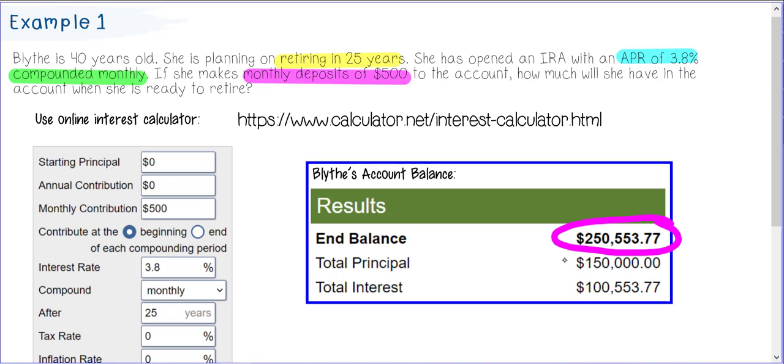Her total principal that she invested, which you could really say is 25 years times 12 payments a year times $500, is how they got the total principal of $150,000. The difference between the end balance and the principal is how we got the total amount of interest she earned. So she basically just about doubled her money. Close. Not quite, but close.